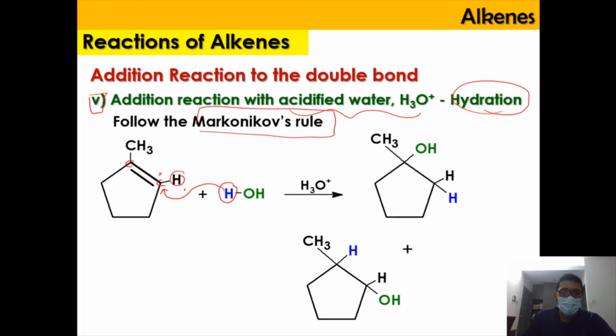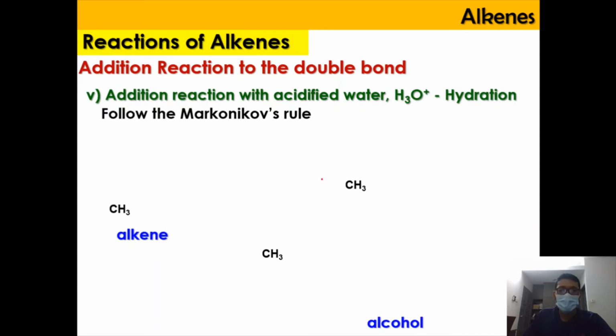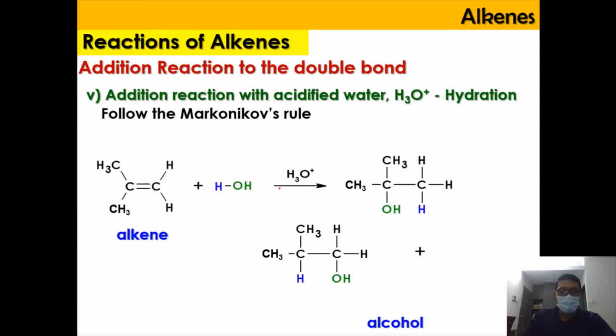So hydrogen akan masuk ke sini. Meanwhile, the OH is gonna attach to that side. Alright, so this one is gonna be our major product, and as I mentioned before, there is also a probability of some OH going here and H being here, but this is very unlikely to happen, jarang berlaku, and this is gonna be the minor product. Alright, so another example, still the same one.